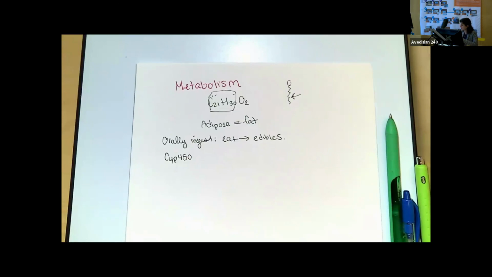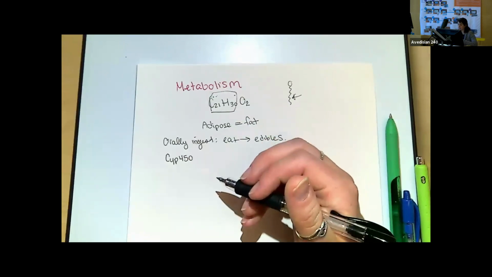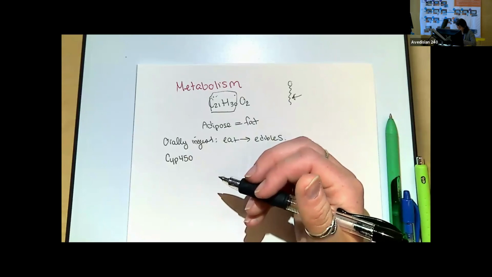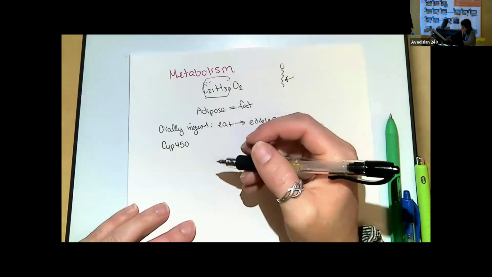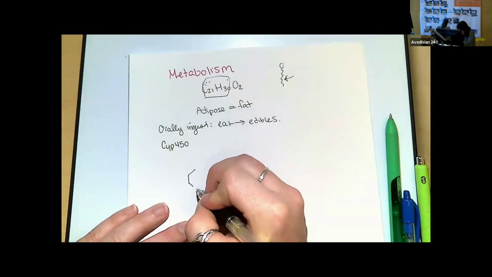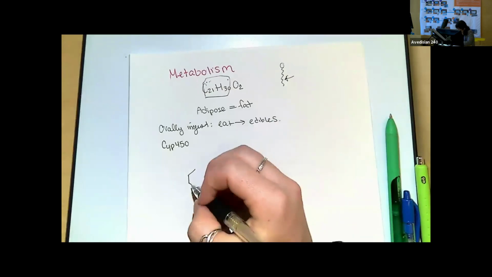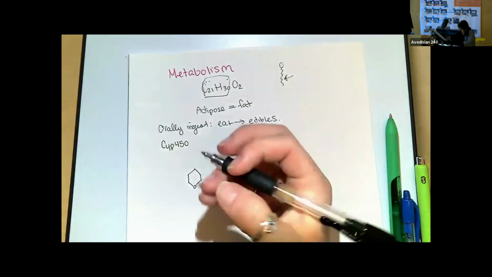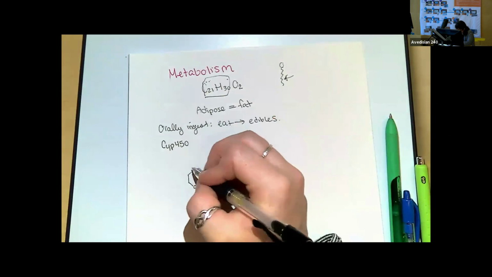So often you're adding certain groups that are going to make it easier for your body to excrete these compounds later on. So in the liver, we have, say we took a product orally, and it's going to cause some effect in our liver.